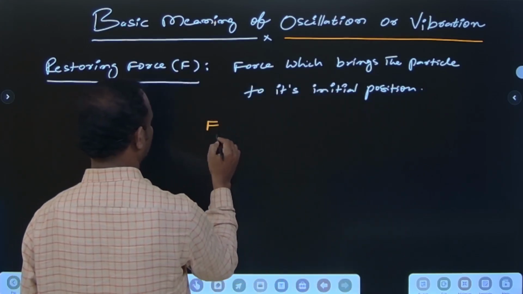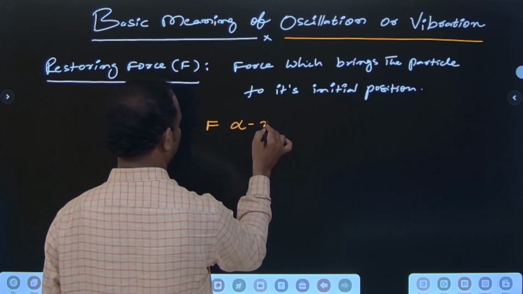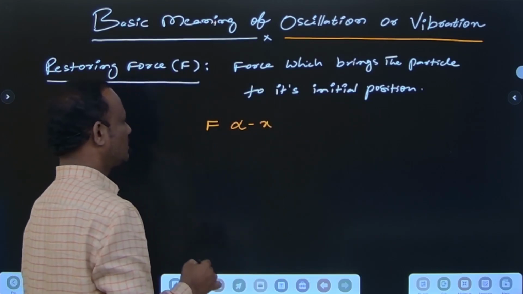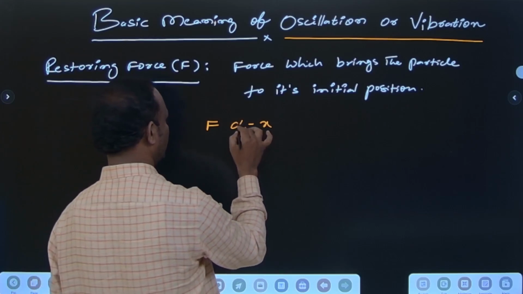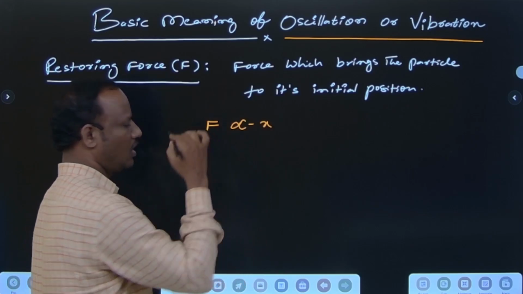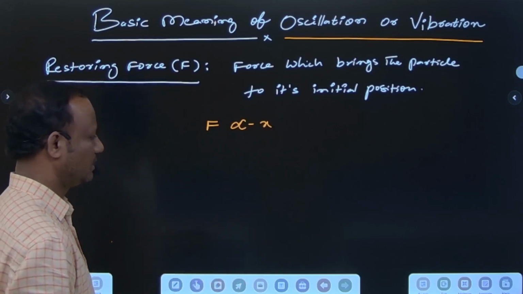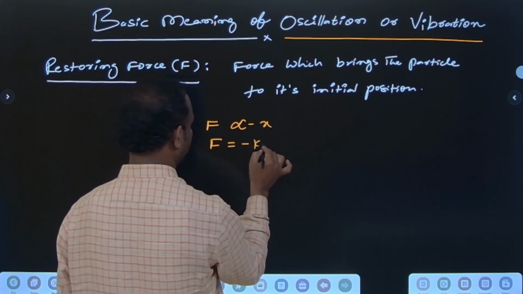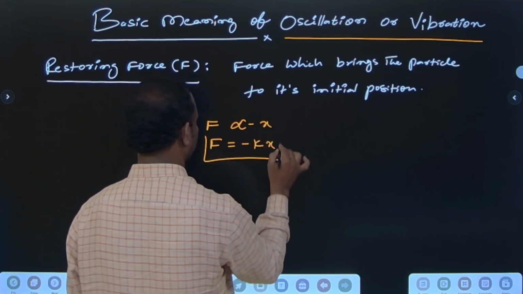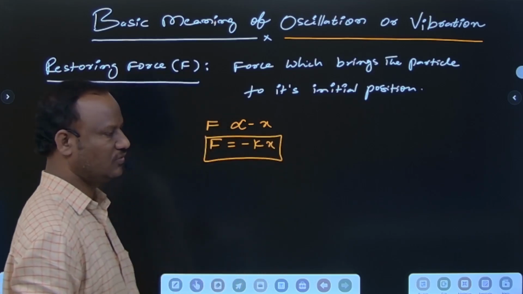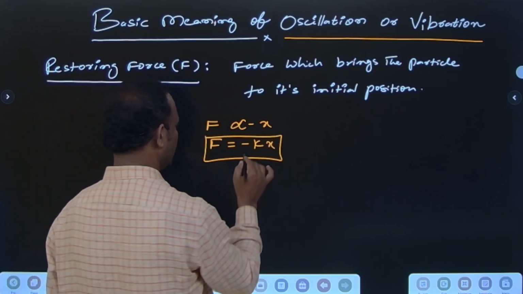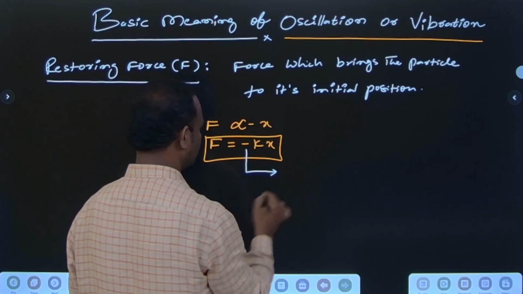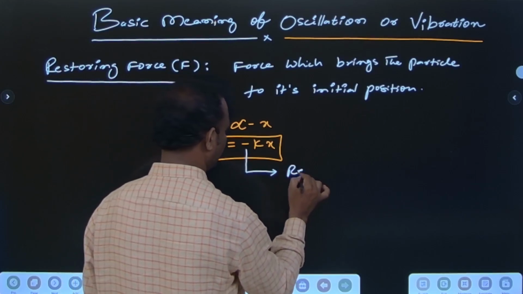So I can say F is proportional to minus x. It means the restoring force acts in the opposite direction to the displacement. F equals minus k x is the restoring force. What is the meaning of this minus?